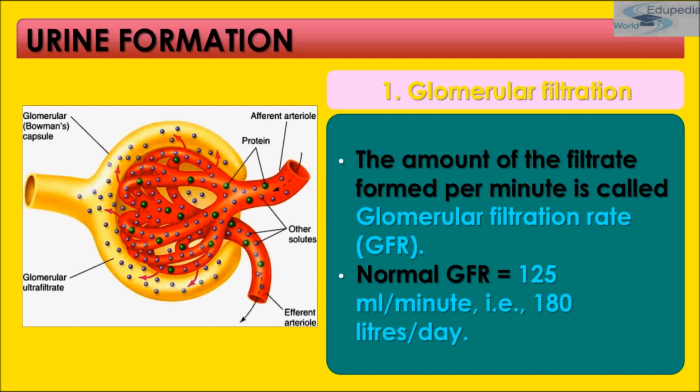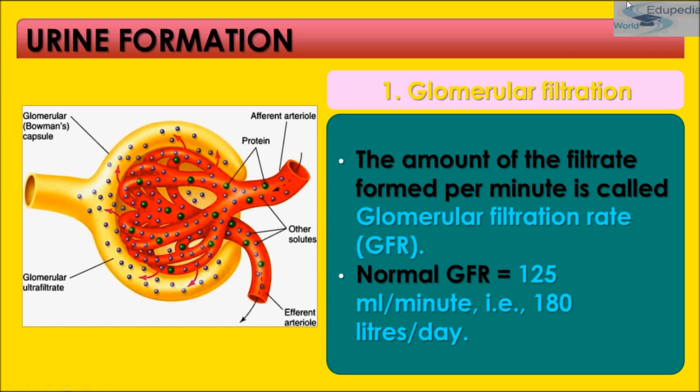That's the reason this filtrate is also known as deproteinized plasma. It has both useful material such as glucose, amino acids, salt, as well as waste material such as urea from the blood. So the filtrate, that is GFR, is isotonic, or similar in composition to blood plasma.